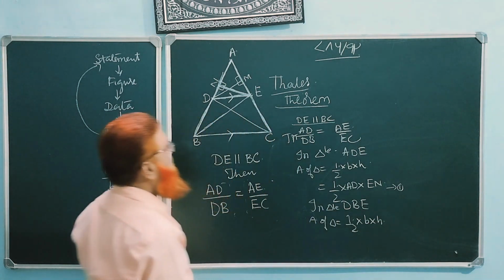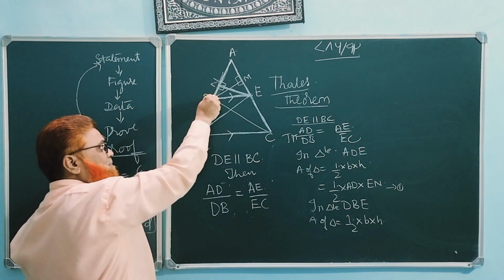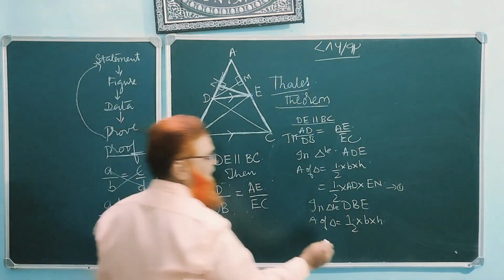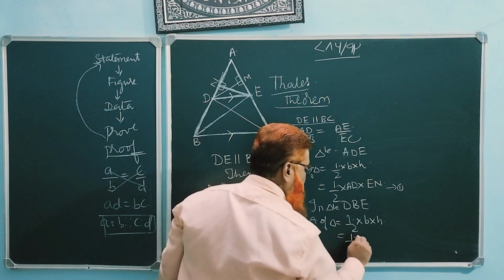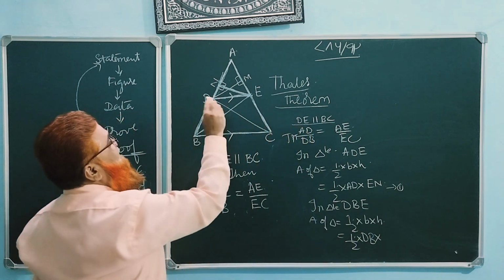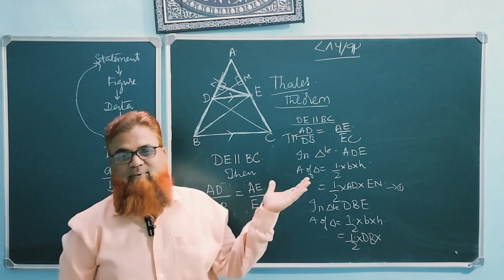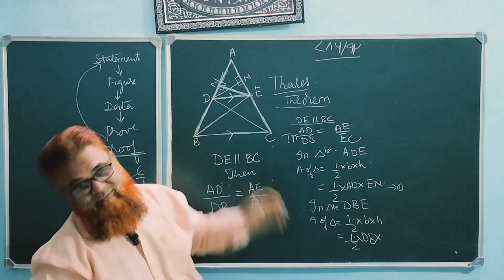Whose area? DBE. What is the base? As I have taken the side AD as a base, DB can also be taken as a base. Half into DB into, what is it? Height. Its height is again EN. Look here, viewers, please. Its height is EN.